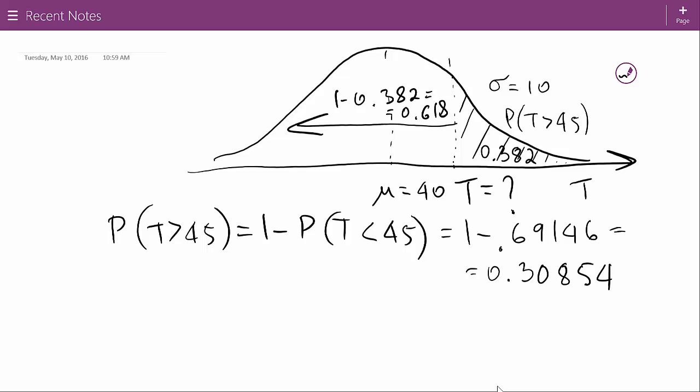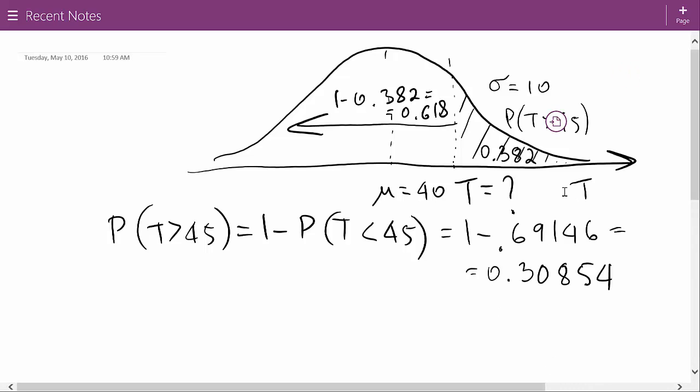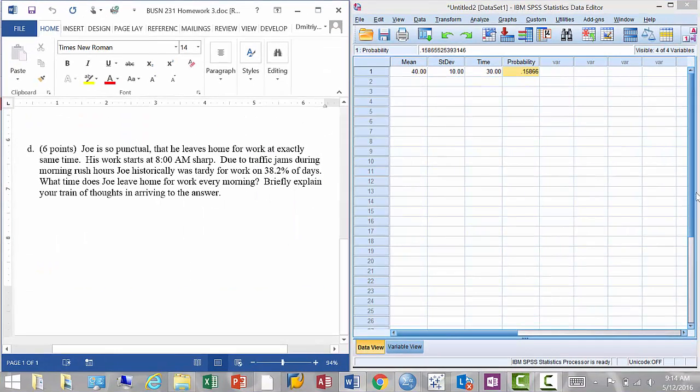Okay. So now let's switch back to this one. And this time around, I'm looking for the value of time given the probability, right? So I'm going to erase time, and the probability in the left tail is going to be 0.618, right?